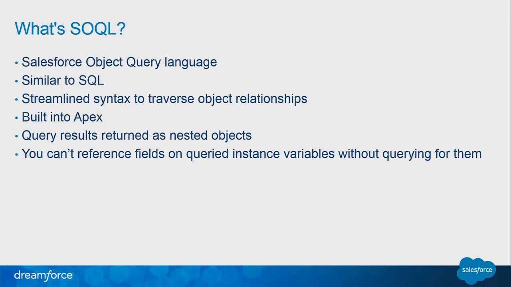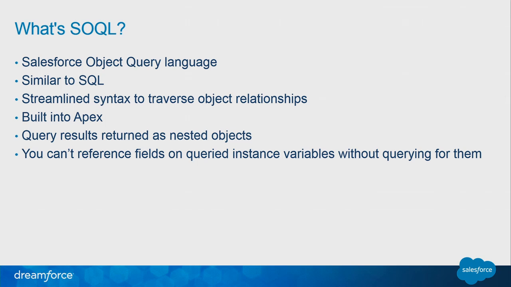And you can return nested objects. So you get information about parent objects when you bring down, for example, a contact, you will get some information about the account. You can't reference fields on queried instance variables without querying for them.